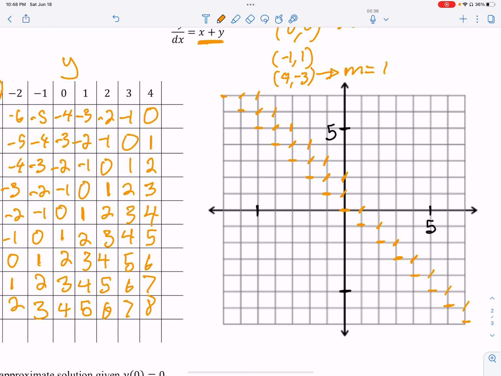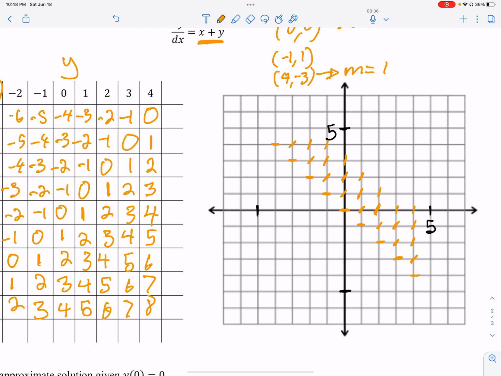So this is what I was talking about here. You want to slowly get steeper because our slopes are going to slowly get bigger. We don't need to go all the way out. We just have to go through 4. So we can just take these away. There we go. All right, then the line gets steeper.